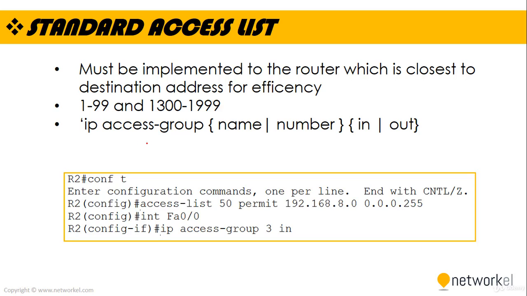Numbers 1 to 99 and 1300 to 1999 are the ranges used for standard access list configuration, and these access lists are applied to interfaces by the ip access-group command. As you can see in here, there is a standard access list configuration.